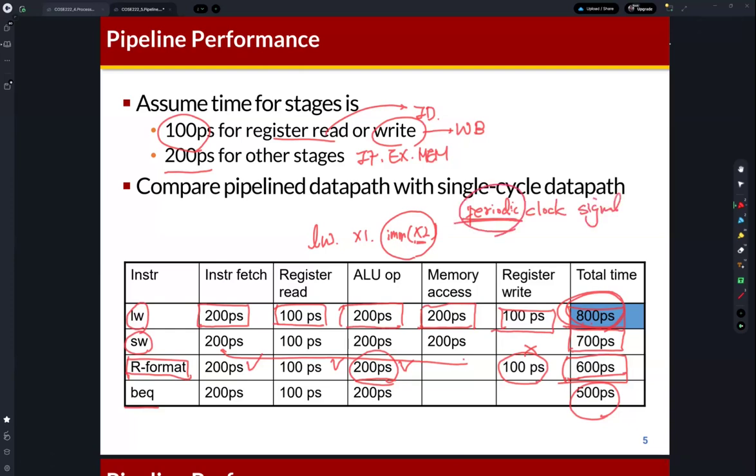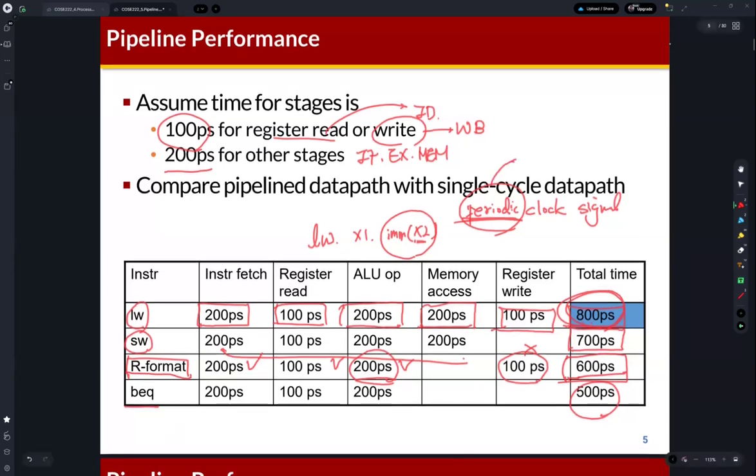What does that mean? What is the meaning of periodic? It means the TC is fixed, right? The clock period, we need to use a fixed clock period for the clock signal.